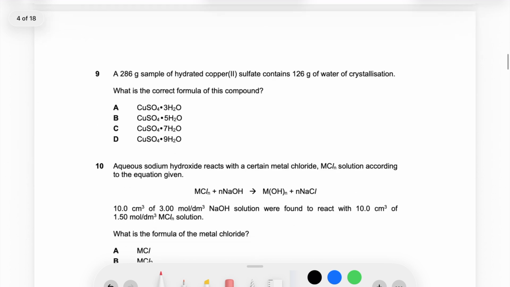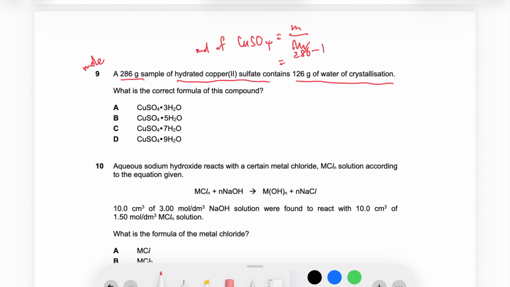Alright, question 9. This is your mole concept. 286 gram of hydrated copper(II) sulfate contains 126 gram of water of crystallization. What's the correct formula? So you have to find the mole of copper sulfate first. Mass over Mr. Take note, the mass is not 286, it's 286 minus 126.